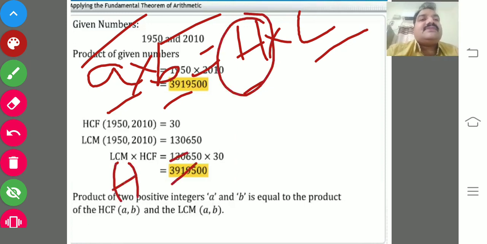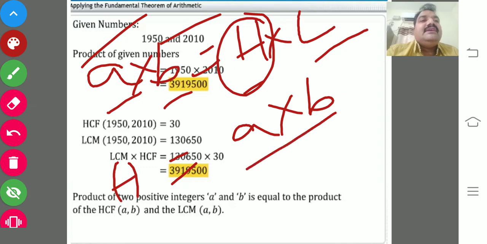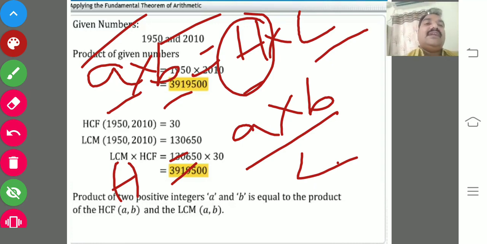Then H equals A into B by L. Sometimes you know both H and L and you know the A value but not the B value. Then you can easily find B equals H into L by A. Like that you can conclude the formula.